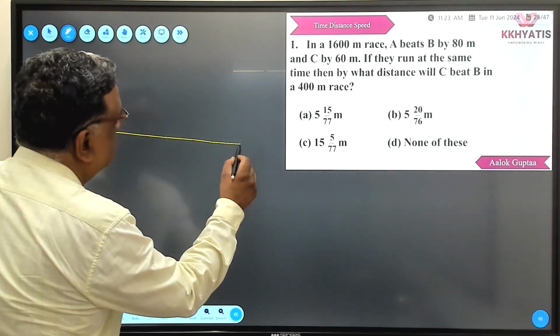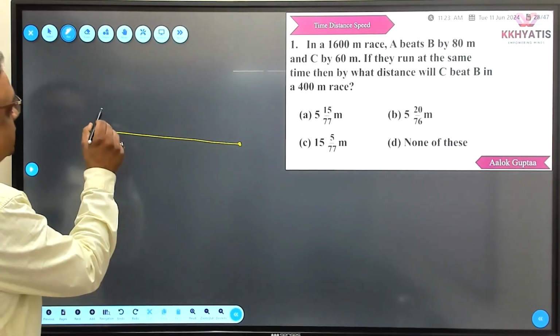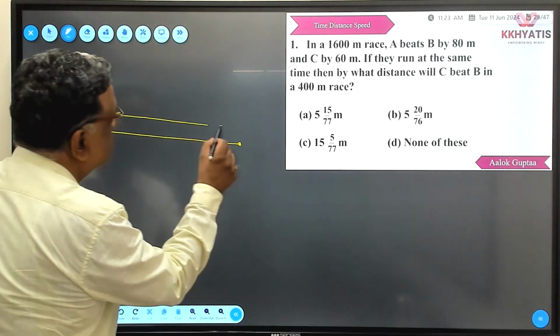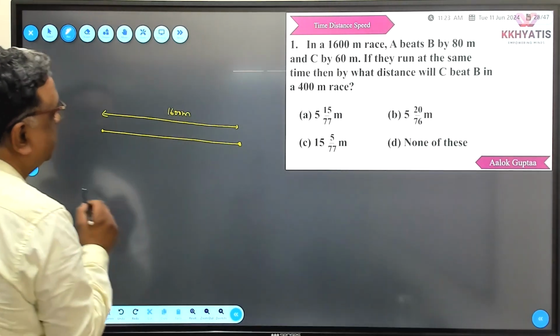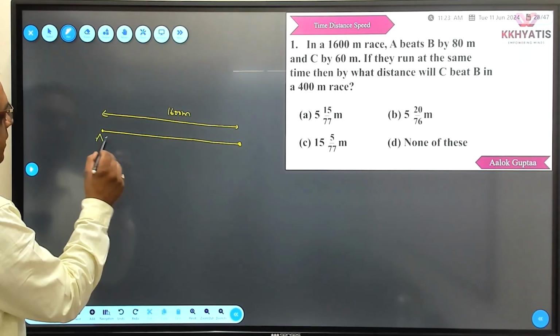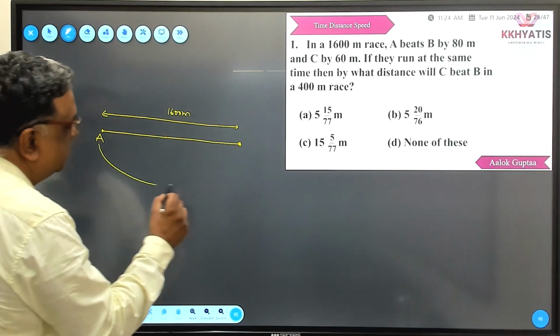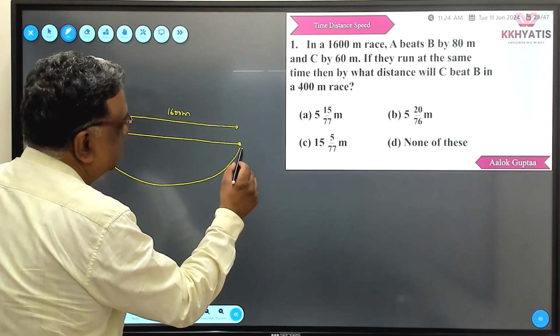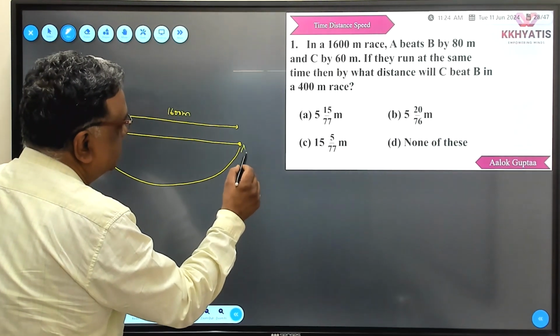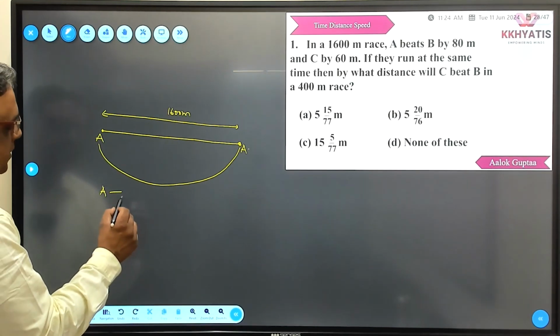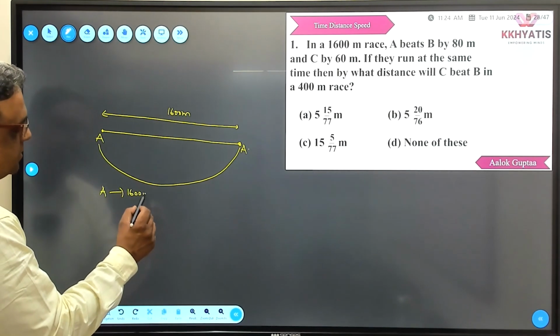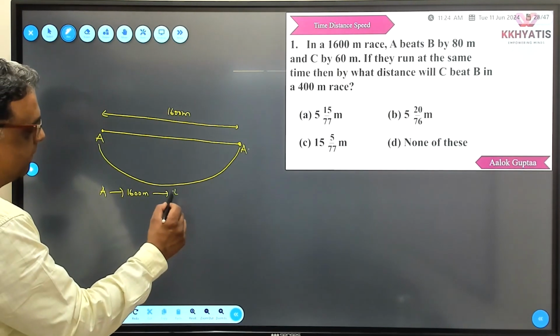So the total race is of 1600 meters. So A covers 1600 meters in time T, let us say.